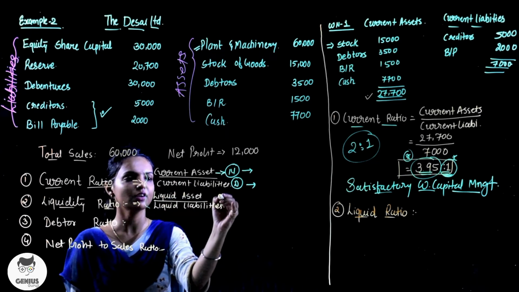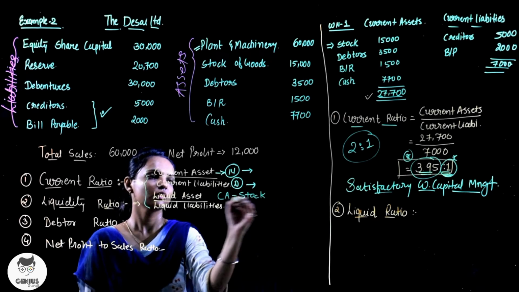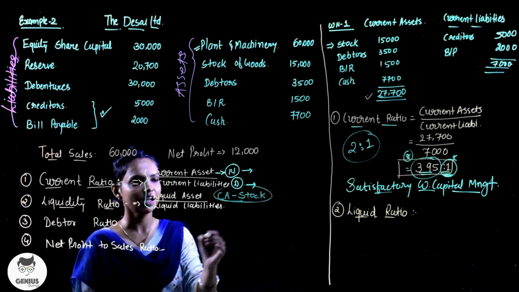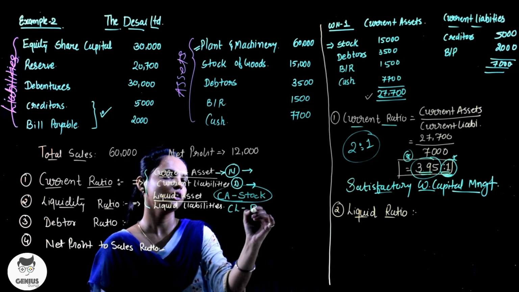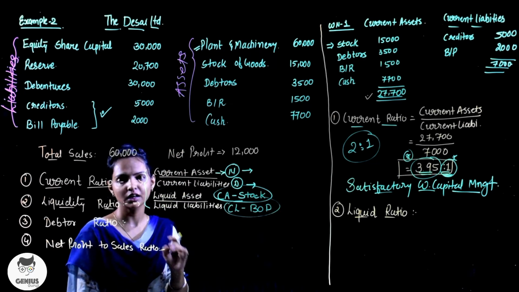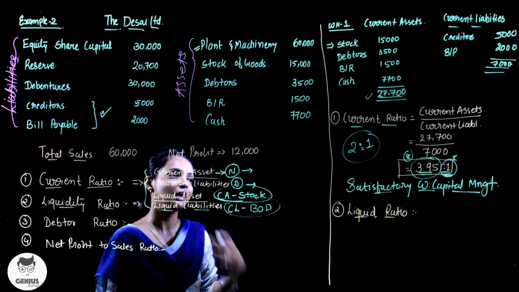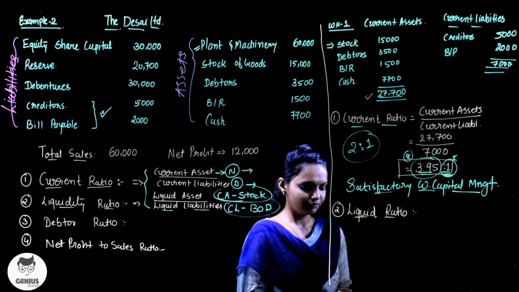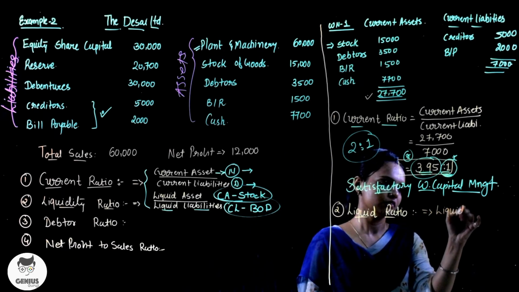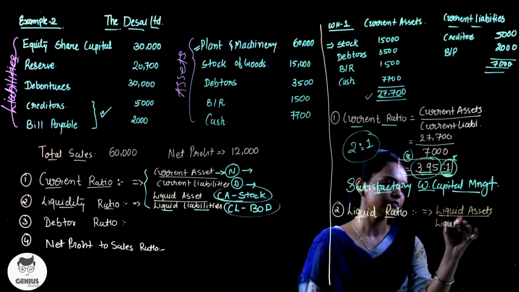How to get liquid assets: when you are deducting your stock from current assets, that's known as liquid assets, and when you are deducting your BOD, bank overdraft, from your current liability, you will get, sorry, liquid liability. Your formula is liquid assets divided by liquid liability.